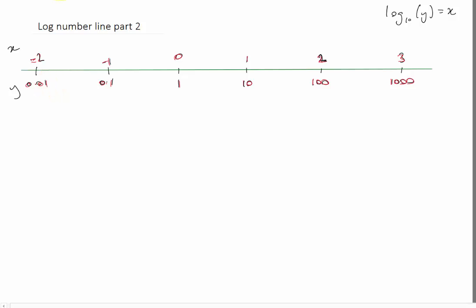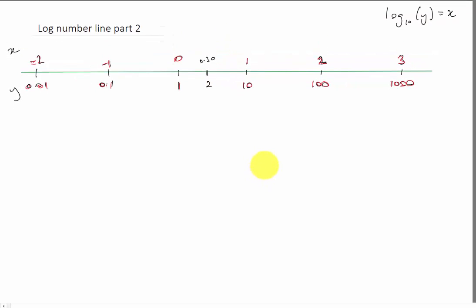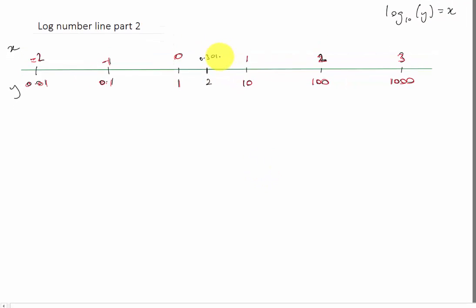Alright, so the logarithm of 2 is equal to 0.301. So I'm just going to put in a couple of known ones on here to begin with, and that the logarithm of 7 is 0.845. Okay, but then how about the logarithm of 20, for example?